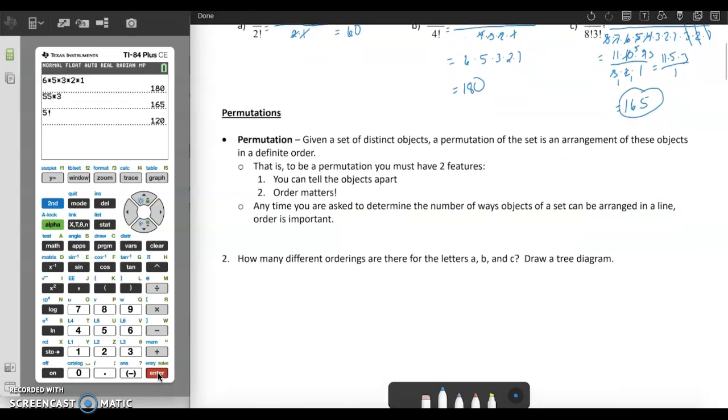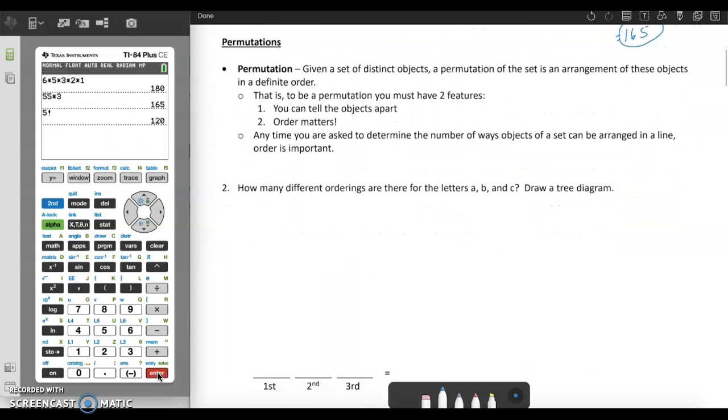Okay, that leads us into what permutations actually are. A permutation is if you are given a set of distinct objects, and that distinct is important, so you can tell them apart. Then a permutation of this set is an arrangement of these objects in a definite order. So those are the two key pieces. To be a permutation, you can tell the objects apart, and order matters.